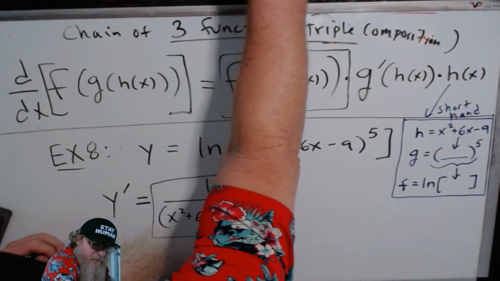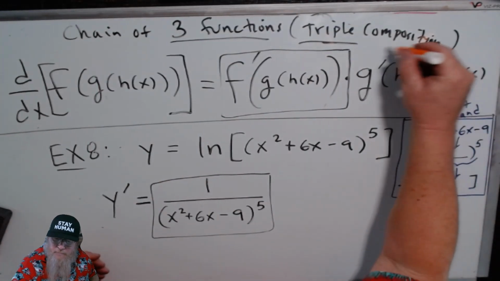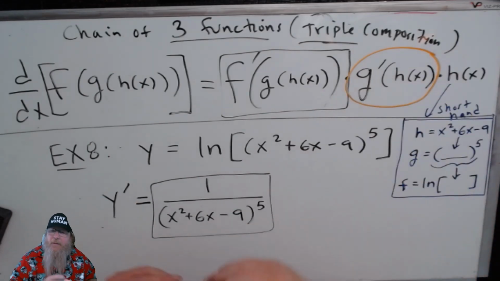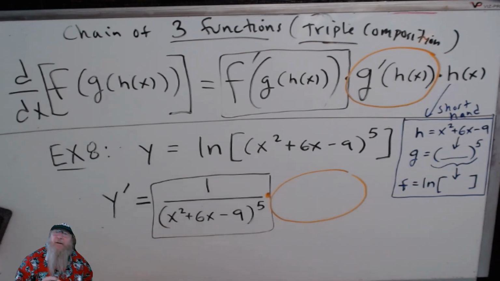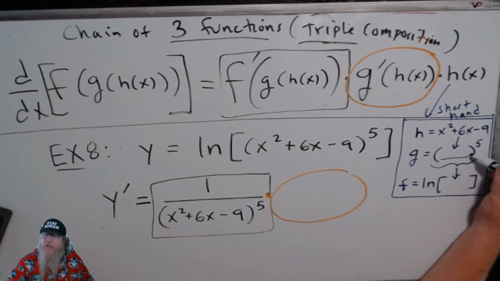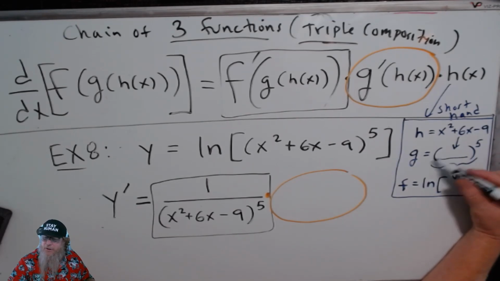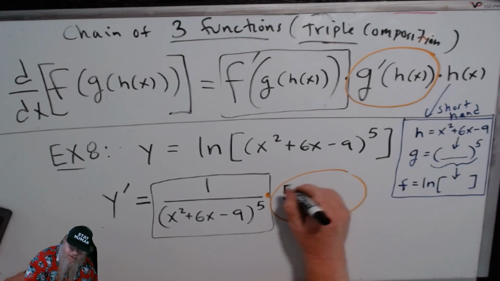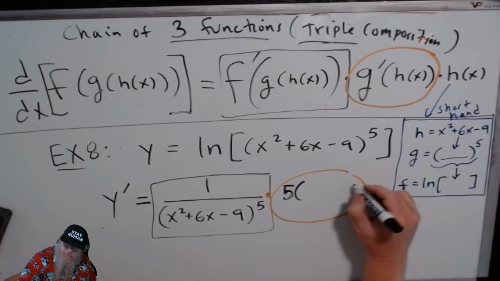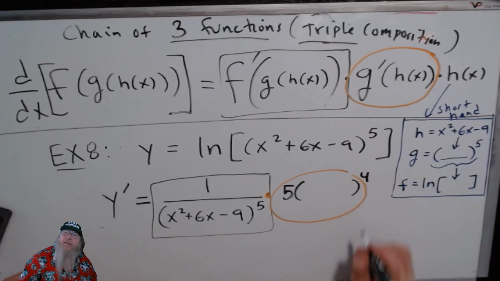Now we go to the next one. All right, that's going to go right here. Put a little dot right here to multiply. All right, g prime. So now we're at g. So g is blank to the 5th power. So we're going to put the 5 down in front and raise it to the 4th.